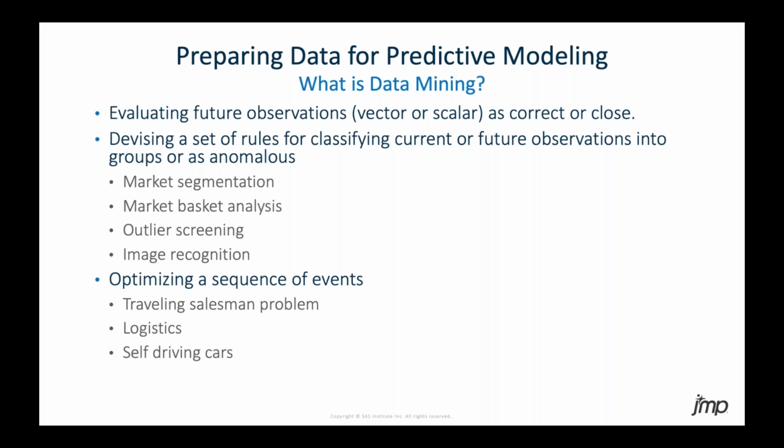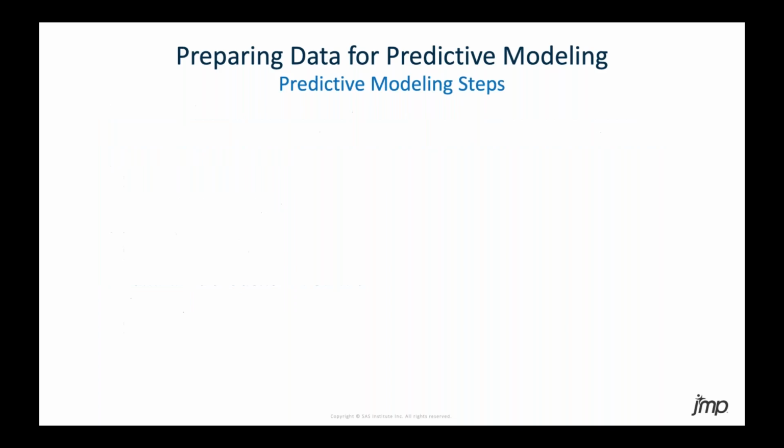And part of what I'm going to be talking about can be used in some of these other aspects of data mining, but really they're specialized to predictive modeling, because what they're attempting to do is improve and optimize my ability to do predictive modeling.